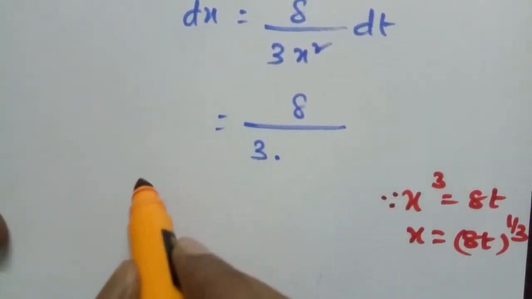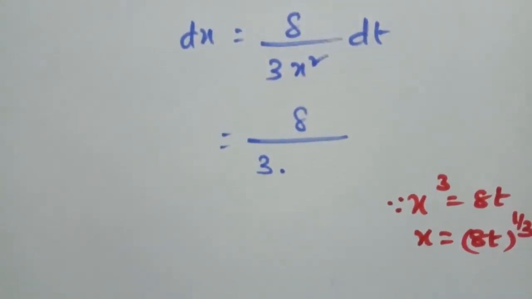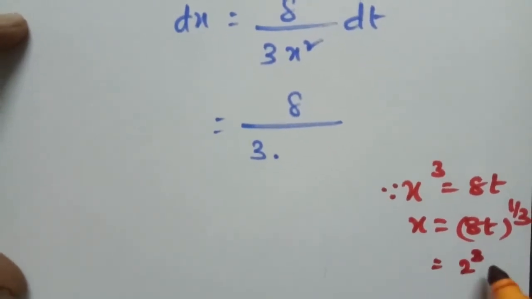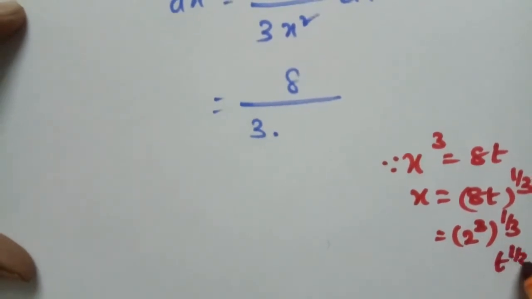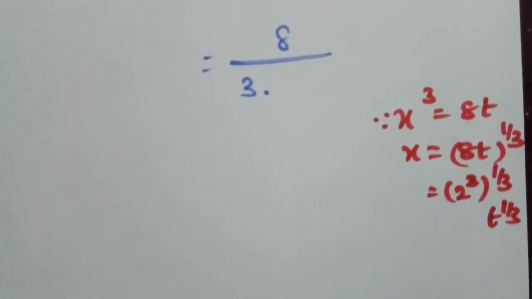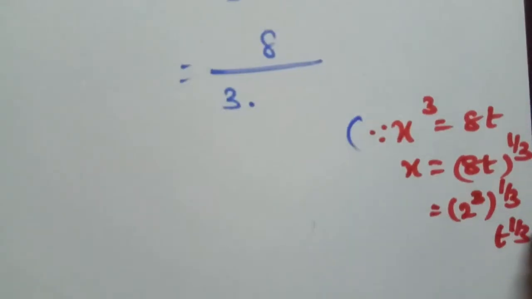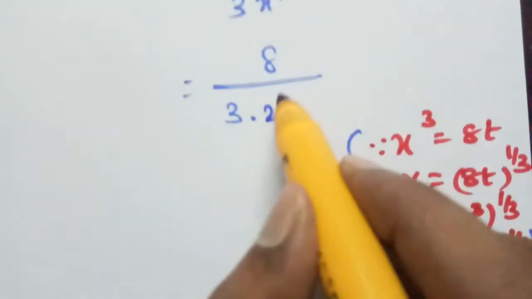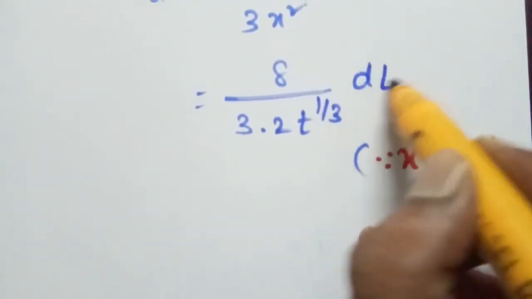Therefore that is equal to 8 to the power of 1 by 3, that is equal to 2 cube, so 2 cube whole to the power of 1 by 3 into t to the power of 1 by 3. So 3 gets cancelled. Therefore 2 into t to the power of 1 by 3 into dt.